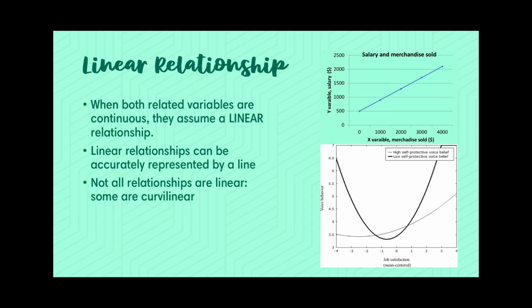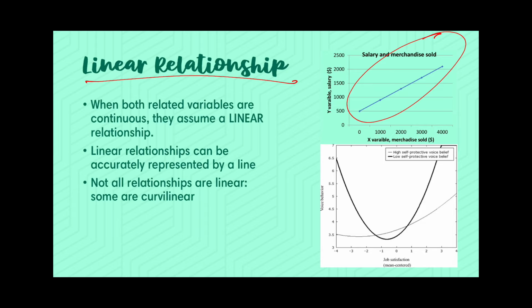Now, we also have to look at correlation tests as having linear relationships. When we say that certain variable pairs have a linear relationship, it means that they assume this kind of relationship right here. The direction is just going one direction throughout, until you get to the maximum or to infinity of whatever value that is.